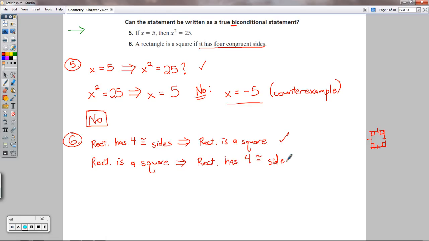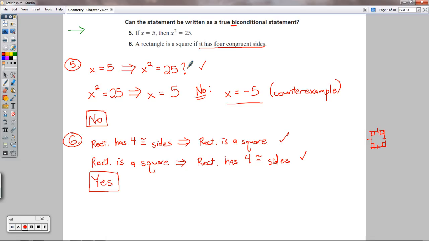Sure it does. If you start off with a square, by definition it has 4 congruent sides. So that works out. Therefore, it can be written as a true biconditional statement. So I would say yes.